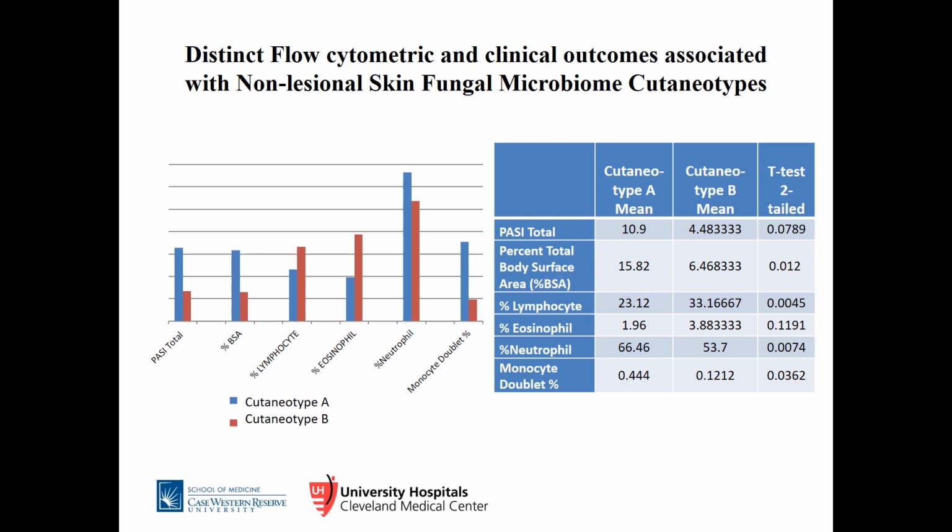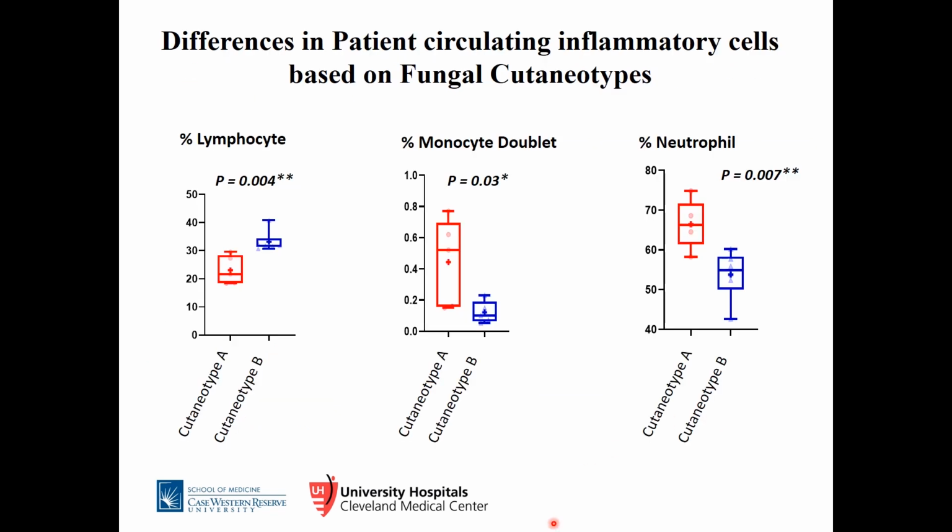We of course appreciate at the moment that subject number is low, and more comparators will need to be evaluated in subsequent studies. The more severe phenotype in cutaneotype A is upheld further by statistically significant increase in neutrophils and monocytes, and concurrent decrease in lymphocytes.